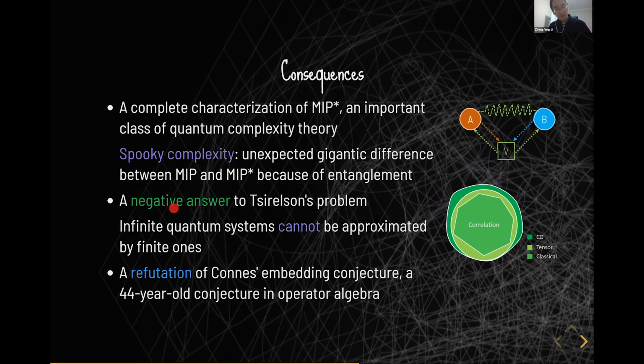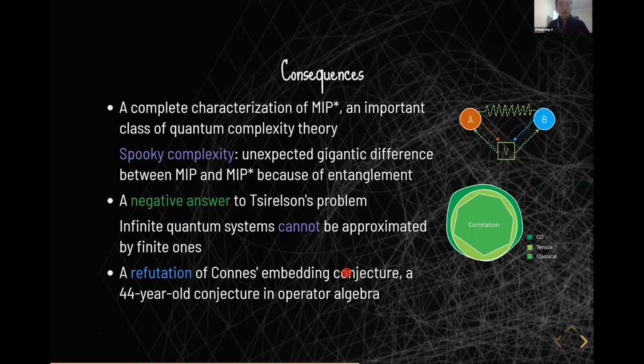Also, a negative answer to Tsirelson's problem, because of the connection that I explained earlier, that a positive answer to Tsirelson's problem would imply that MIP star is decidable. So we prove that MIP star is not decidable, and hence Tsirelson's problem has a negative answer, building on known connections. Also, Connes' embedding conjecture is false.